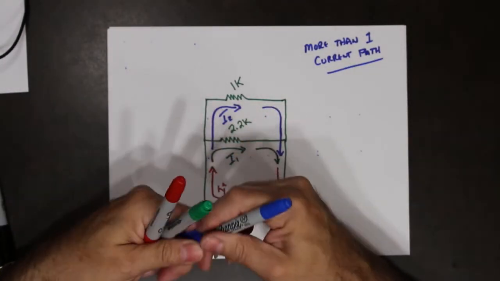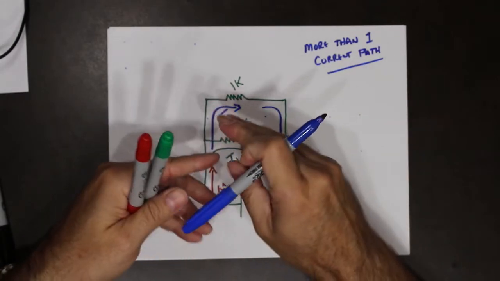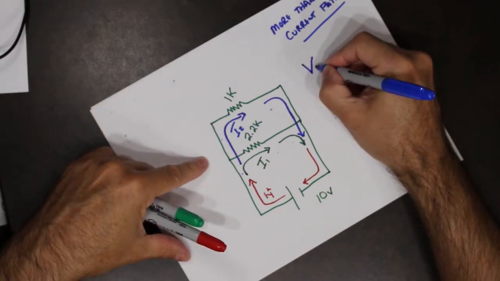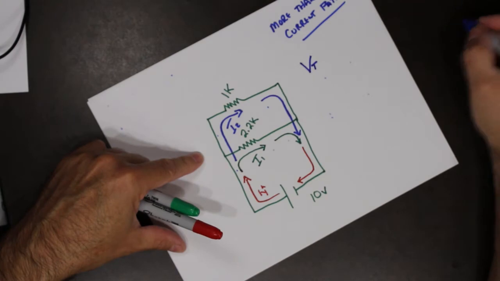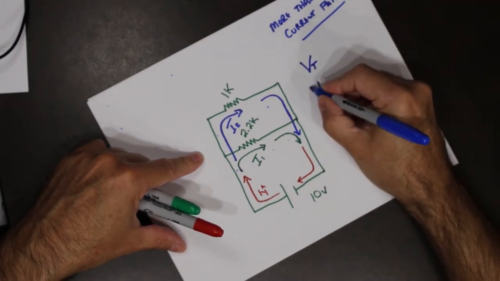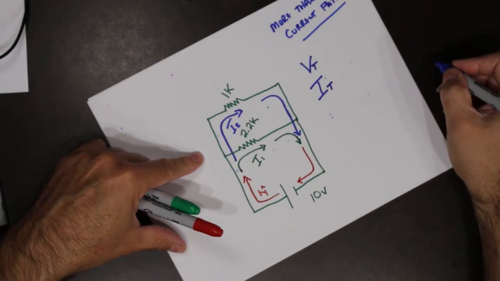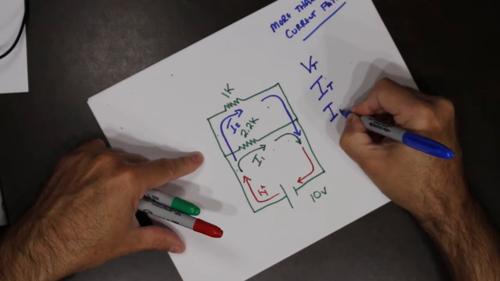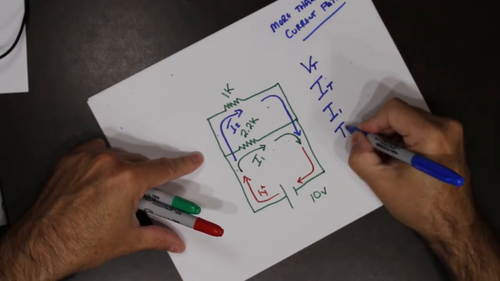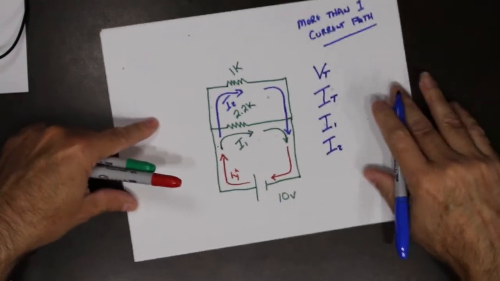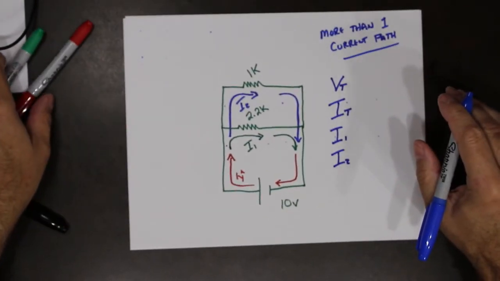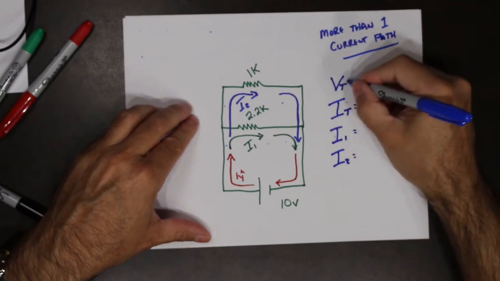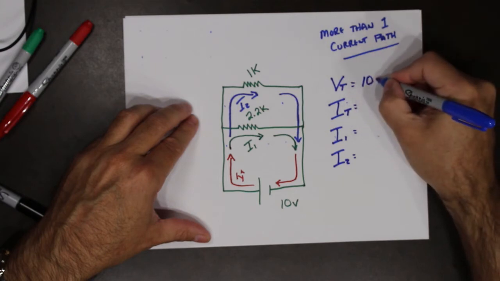So now we're left with voltage. We're left with total current. We are also left with current number 1 and current number 2. So now, V total is 10 volts.